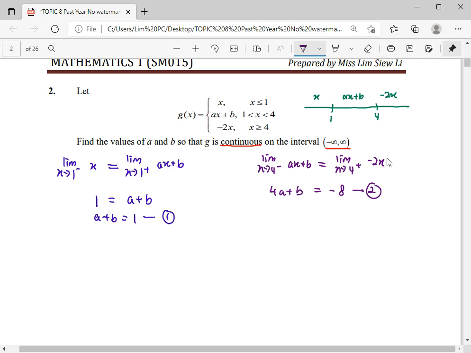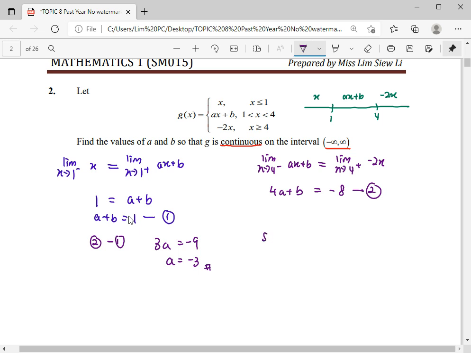Just nicely, we can solve our simultaneous equation here. You can see b, we can eliminate. We use 2 minus 1. So 4a minus a, we get 3a, and then b minus b, we get 0. Negative 8 minus 1, we get negative 9. So we get a equals negative 3.